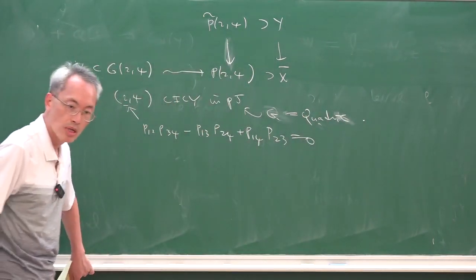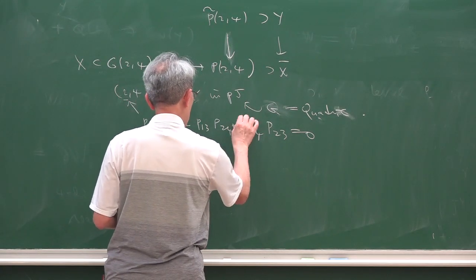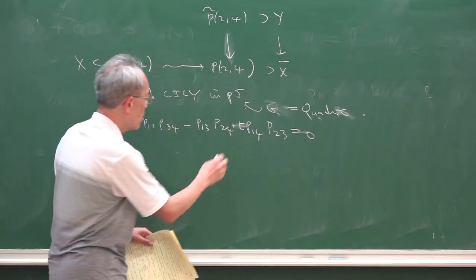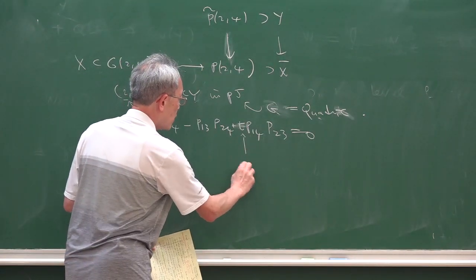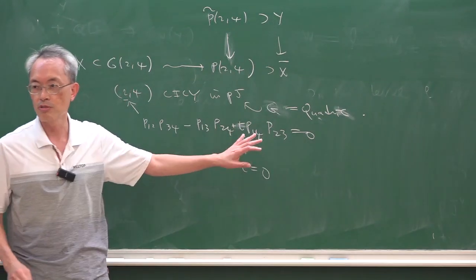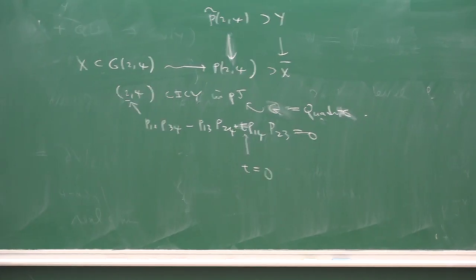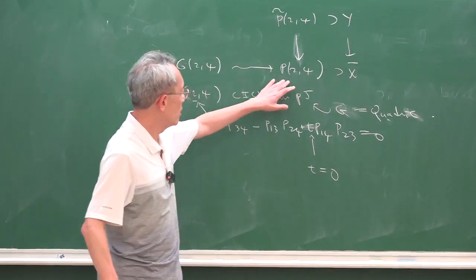By this equation. But then you can do a deformation simply by adding a parameter t here. If you set t equals 0, then of course you just get two terms. That's the definition of the toric variety. So when you set t equals 0, you go to the toric variety, toric G(2,4). And it's singular.